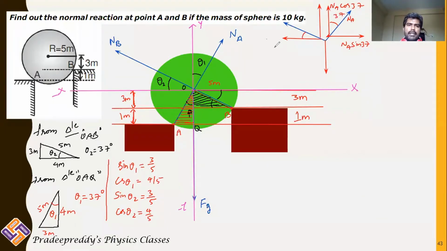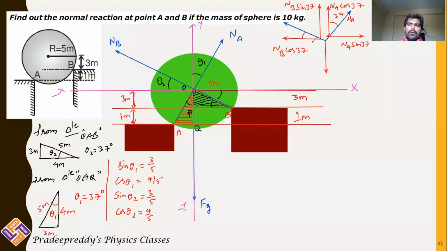So it will be NB cos 37 and this is NB sin 37. So along y-axis we have three forces, NA cos 37, NB sin 37, and vertically it is downward gravitational force. Along x-axis we have two forces, NA sin 37 right side, NB cos 37 left side.